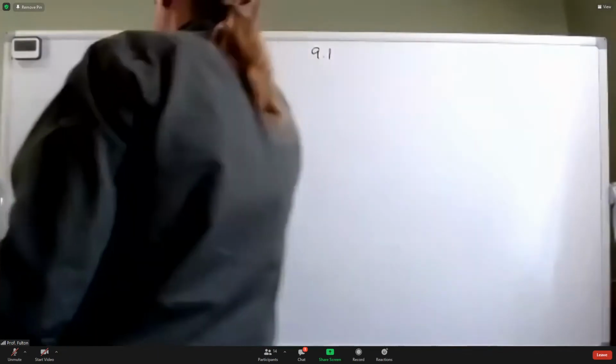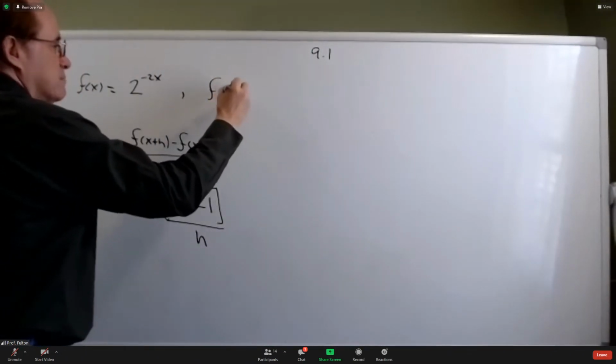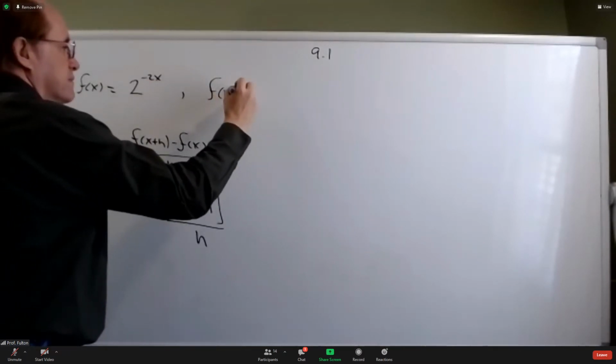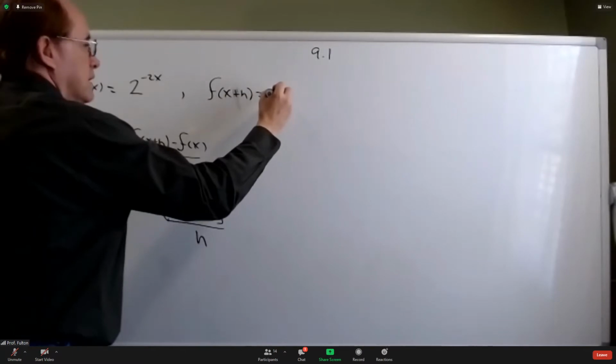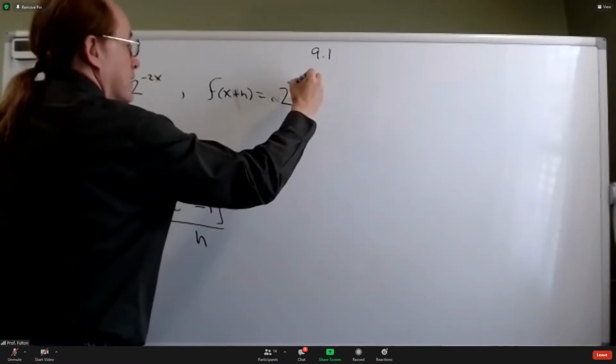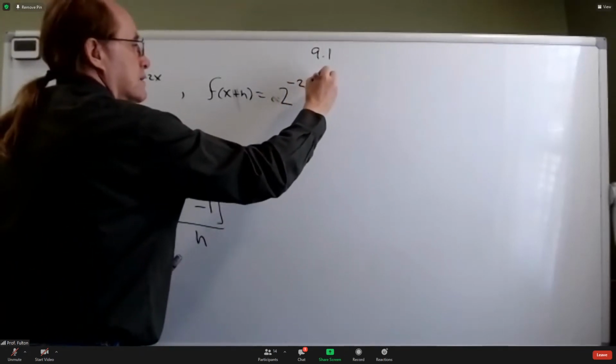Okay. This is our f of x. I want my f of x plus h. So everywhere I have an x over here, I'm replacing it with the entire expression x plus h.